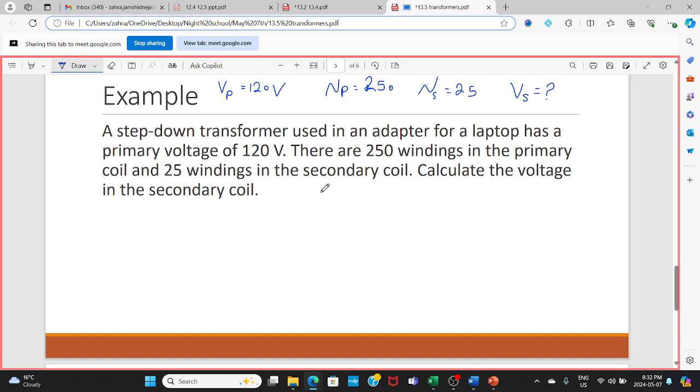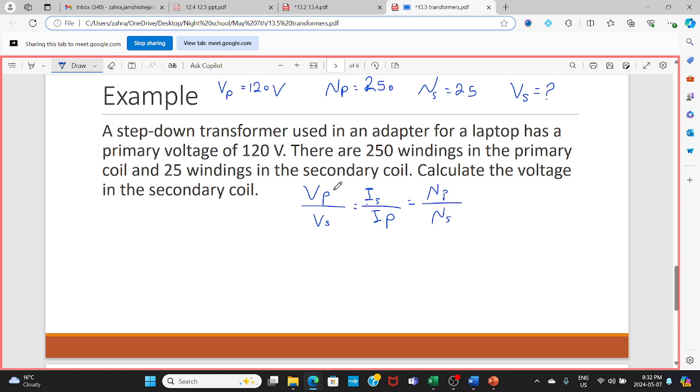So knowing this equation, VP over VS is equal to the current in the secondary divided by the current in the primary, equal to N in the primary divided by N in the secondary.